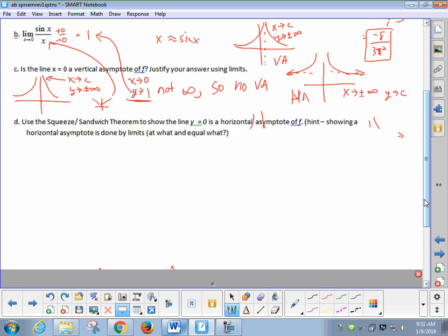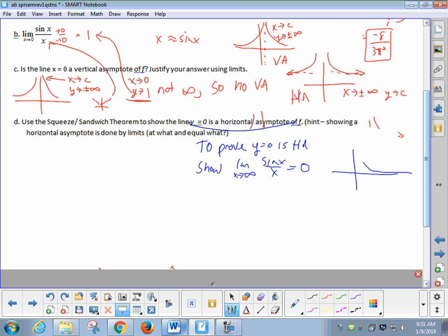To prove there's a horizontal asymptote, I have to show that as x gets infinitely large, the function sine of x over x approaches 0. That would prove a horizontal asymptote. As x gets large, y goes to 0. So that horizontal asymptote really means prove the limit is 0.